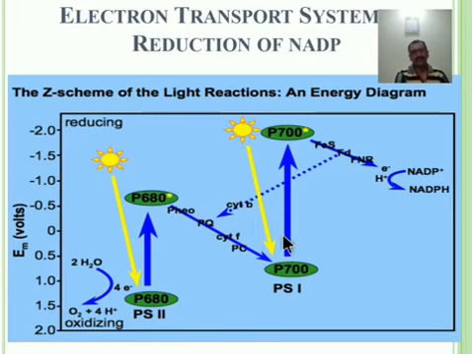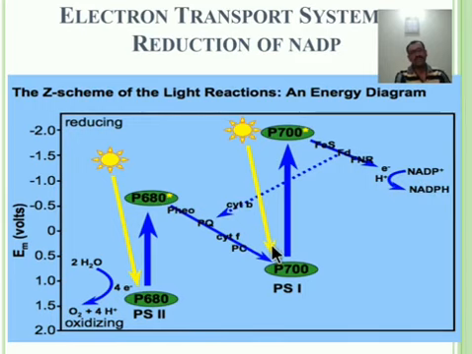The figure of the Z scheme is a map which exhibits the direction of electron flow and the electron carriers which lie between H2O, that means the water molecule, and NADP. This diagram also shows the free energy level and redox potential of the moving electron. The two photosystems and the components of the electron transport chain begin with the water molecule and end with NADPH, as follows.